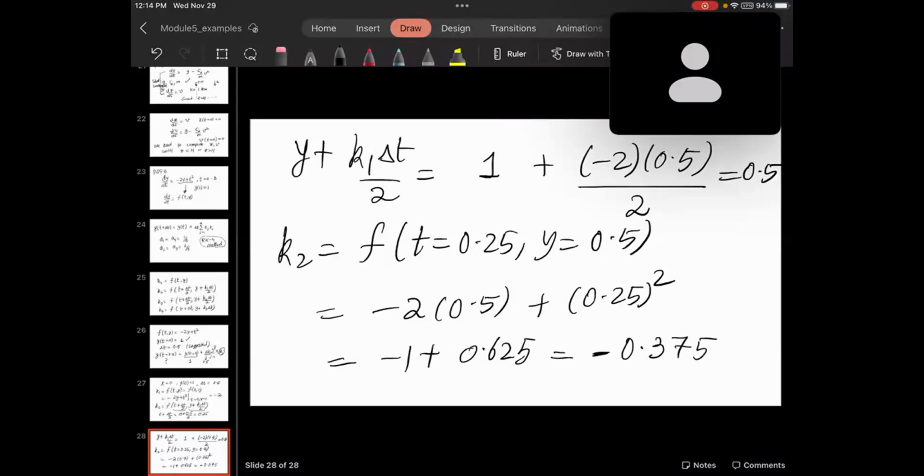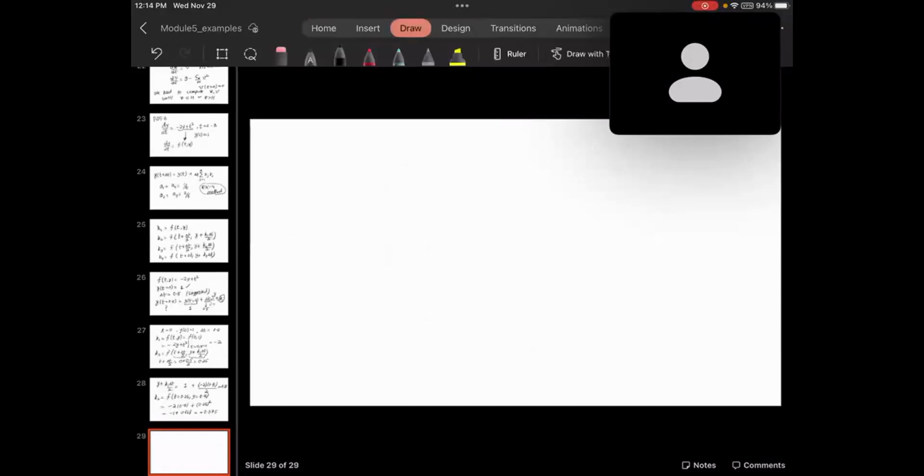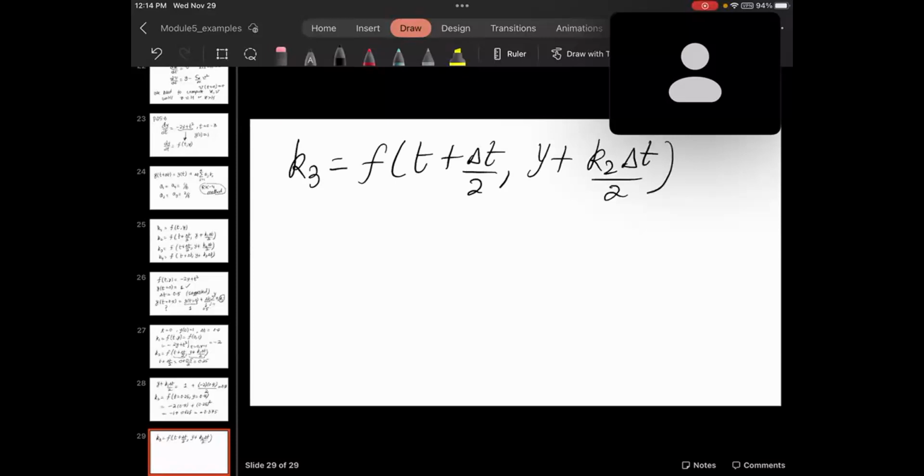All right. So now you need to recall what is K3. K3 is the function evaluated at t plus delta t over 2 and y plus K2 delta t divided by 2. T plus delta t over 2 is easy, that is 0.25, doesn't change. Y plus K2 times delta t over 2 is nothing but, what is y? Y is 1 and K2 is minus 0.375.